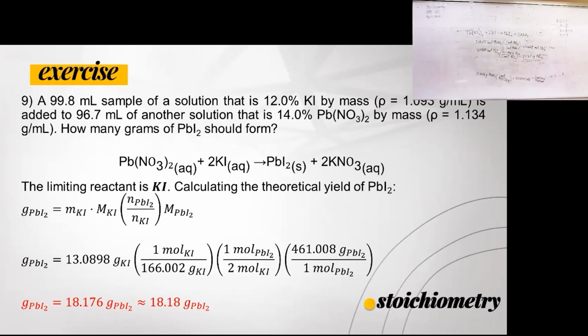And next, just multiply yung mass ni KI to its molar mass and then convert it using the stoichiometric ratio of PbI2 and KI, which is 1:2. And then after that, you multiply it to its molar mass in PbI2, and eventually you'll get 18.176 or 18.18 grams of PbI2. Check if tama or parehas. Okay, so parehas. So that's all lang naman na problem.